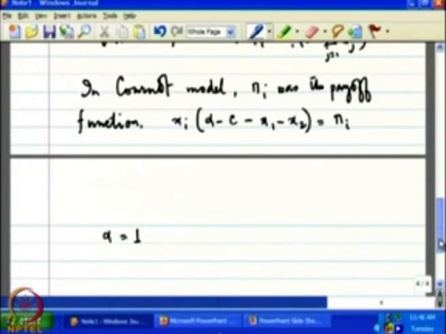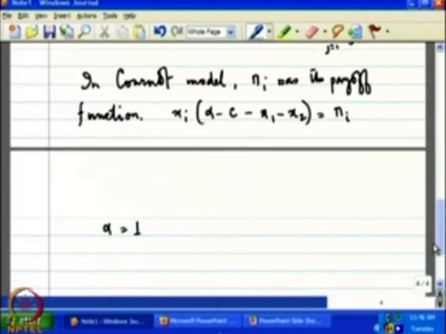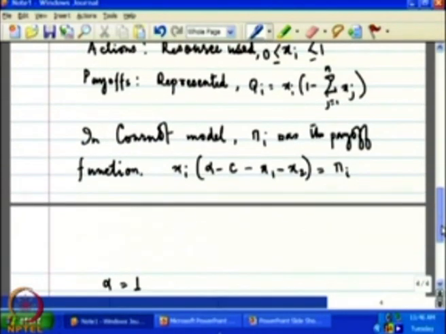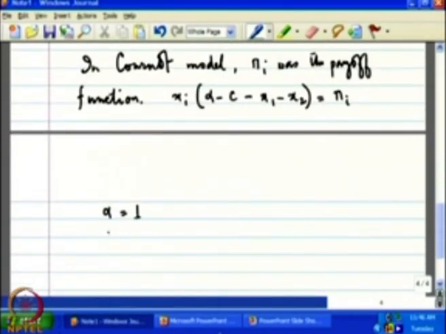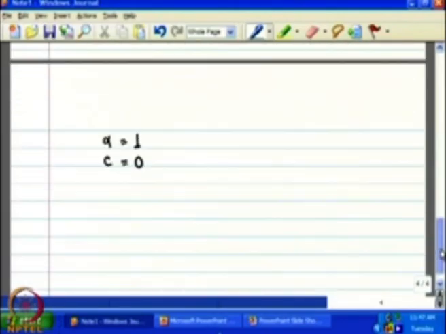Secondly, the cost of each firm in the Cournot model was c, per unit cost. Here I see that there is no such component, which means that c in the new setting is essentially equal to 0. So, these are the two parallels that we have between the Cournot model and our present model.